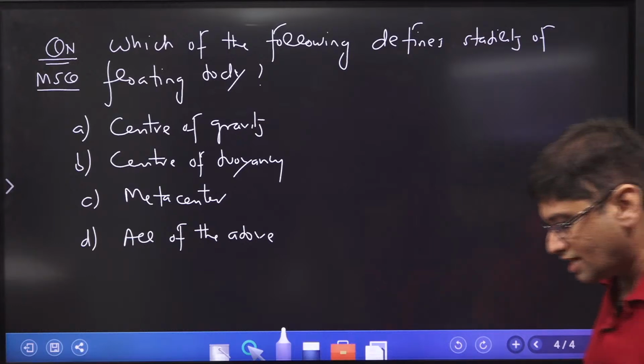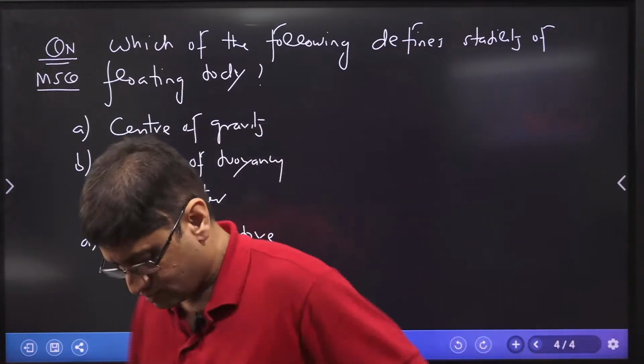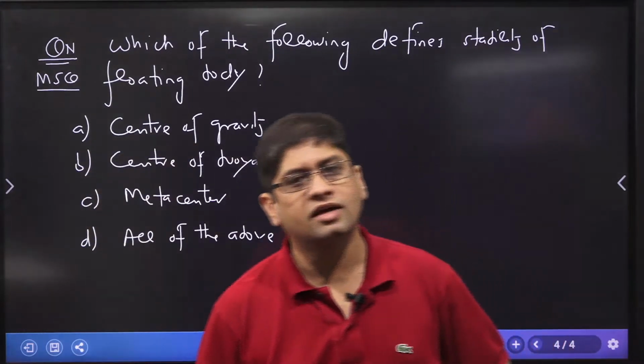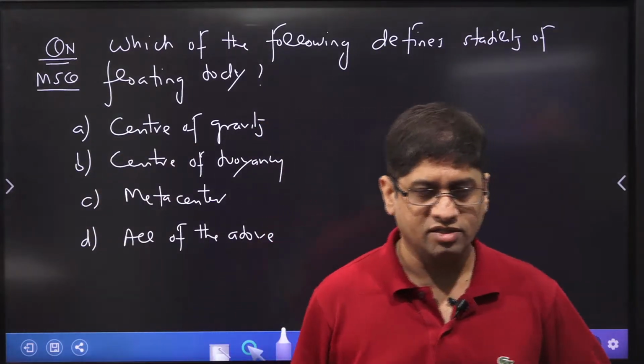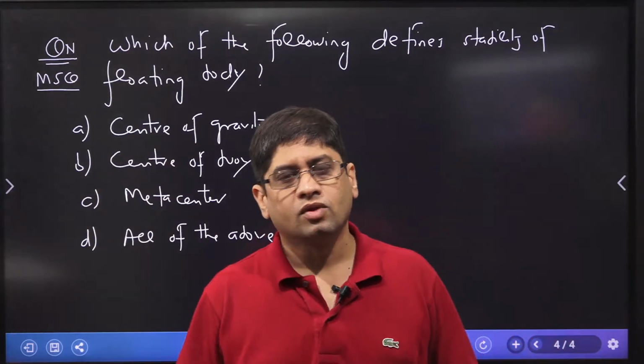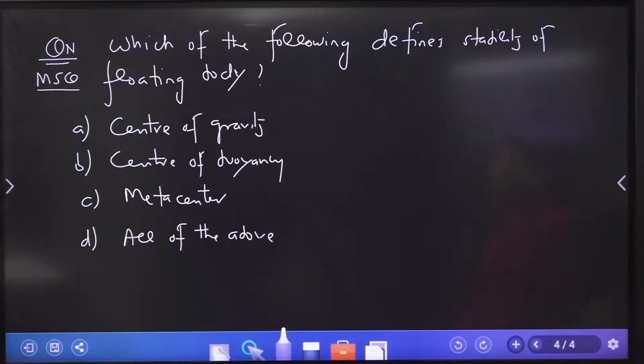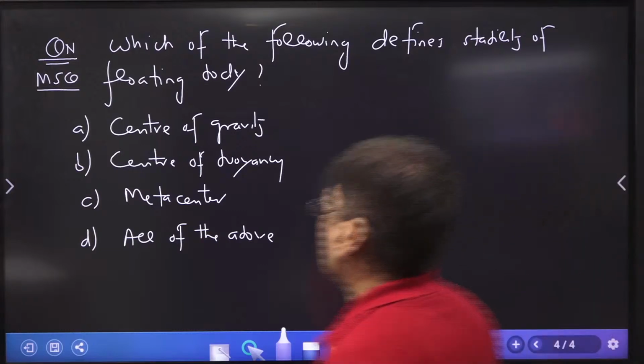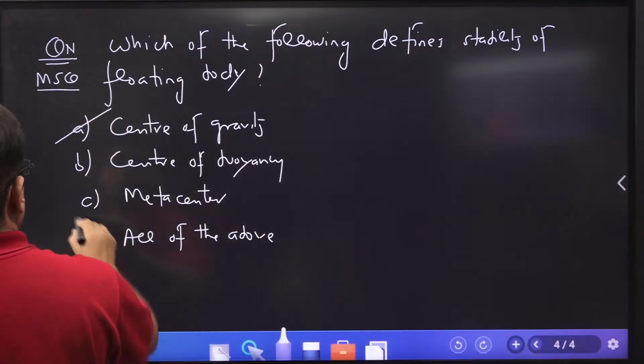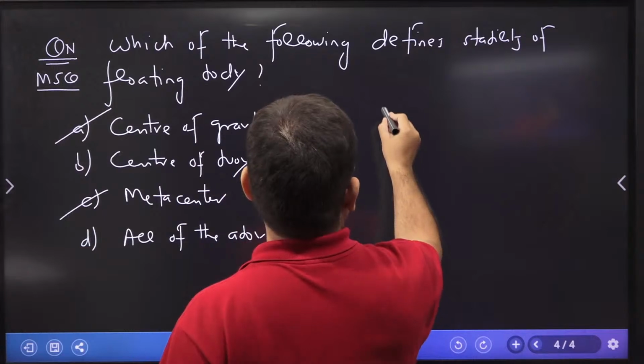You know, the question can be ticklish. You think you know the things, you think that you know the idea. Questions can be very close. Which point defines the stability of the floating body? Answer is center of gravity and metacenter.